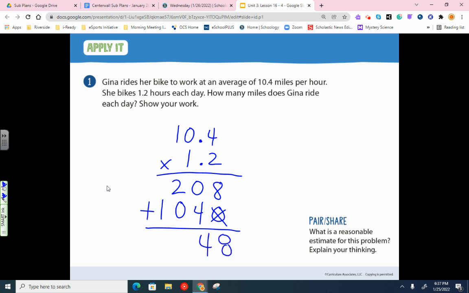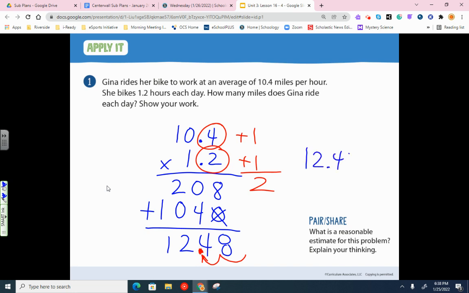Got our 8s, our 4, our 2, and our 1s. We see that we have one place value and another. That gives us 2. So our final answer is 12 and 48 hundredths miles.